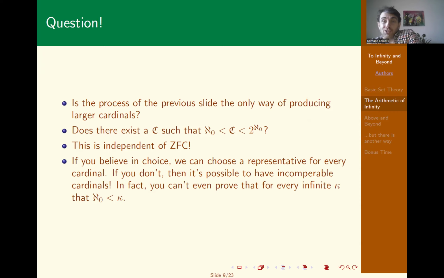So you can be handed two sets and it can be impossible for you to tell which one is larger. In fact, even though we think of the natural numbers as the smallest infinite cardinal, you can't actually prove that it injects into all other infinite cardinals. Wild stuff. What can I say?